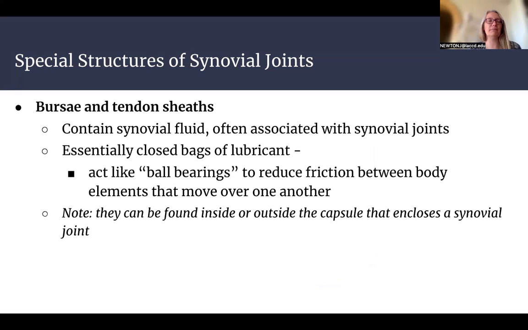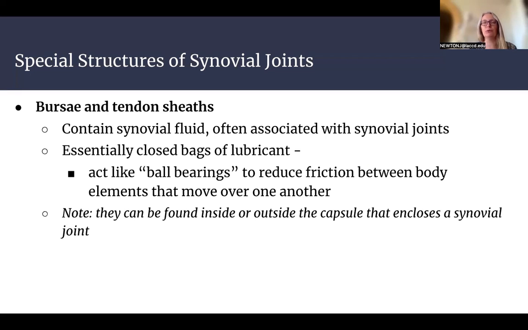Okay, so other special structures that we might see associated with synovial joints are bursae and tendon sheaths. Now, these contain synovial fluid, just like the joint capsule itself. But here, instead of filling the whole of the joint capsule, they're essentially their own little closed bag of lubricant for our joints.